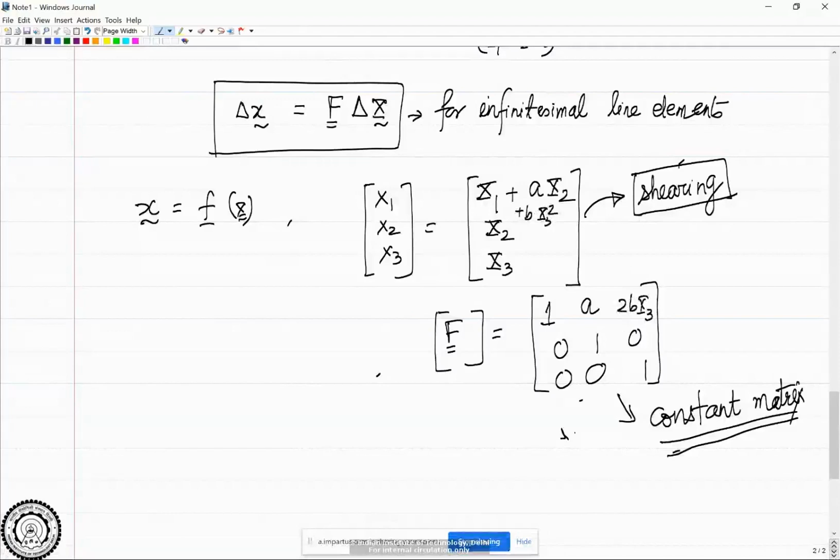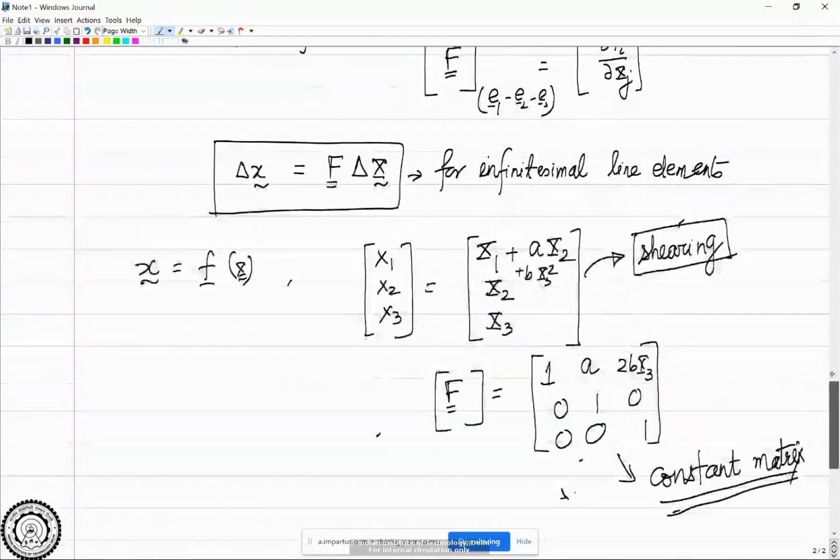As you change your point big X, the deformation gradient will also change, so the linear transformation will change, and accordingly the material around the point will transform differently. Come back to this example.